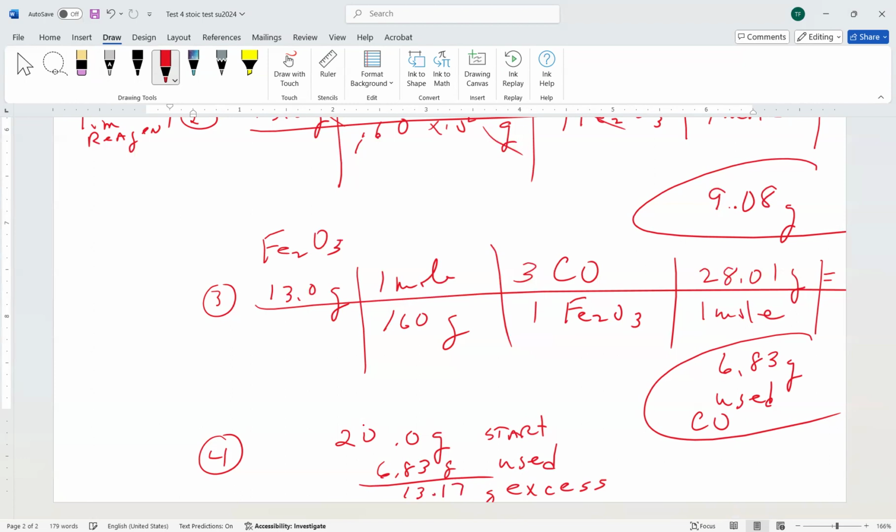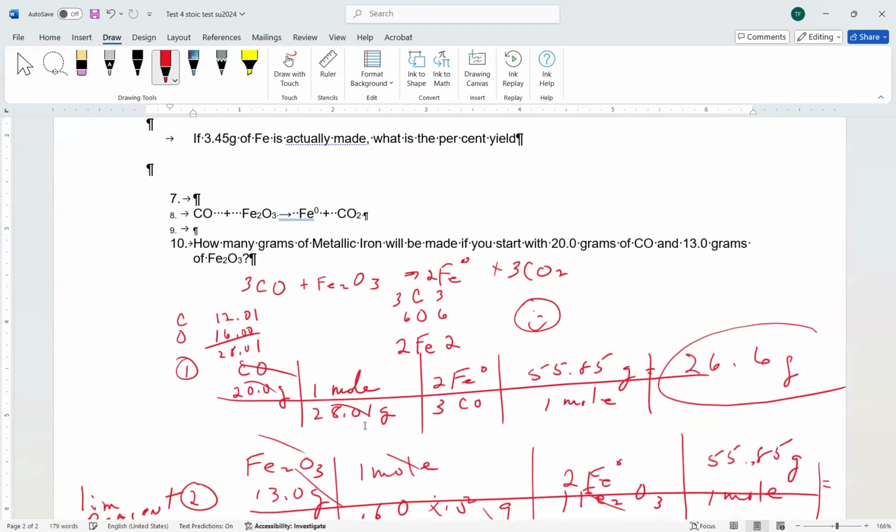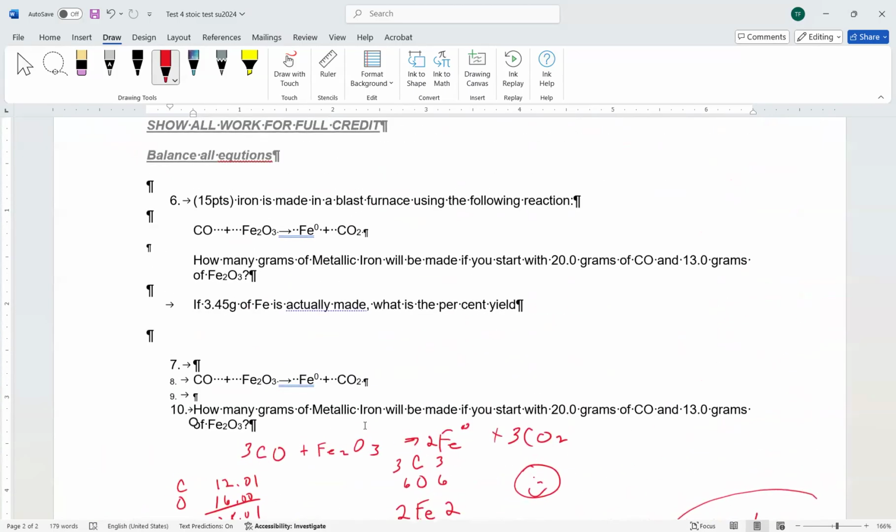Thank you for that. Good. Oh, I actually gave you the actual amount, 3.45. Okay, so step number 5 would be, we have 3.40. Okay, so to find the percent yield, we put actual over theoretical.